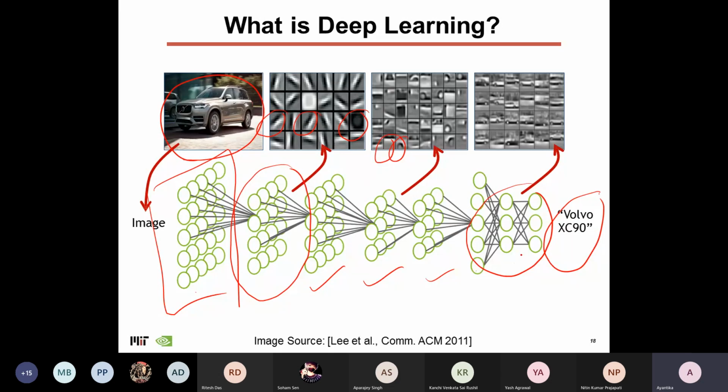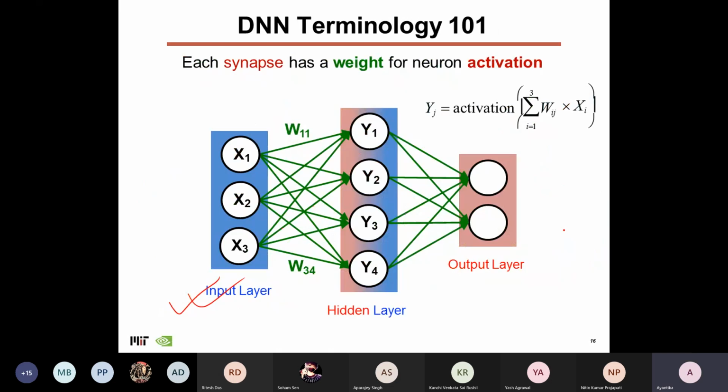But in this last layer, you can see all the nodes are connected. After that, we get the final classification result, that this is, here it is something written, some Volvo XC90 or something like that. This is the type of the car. We are classifying that.